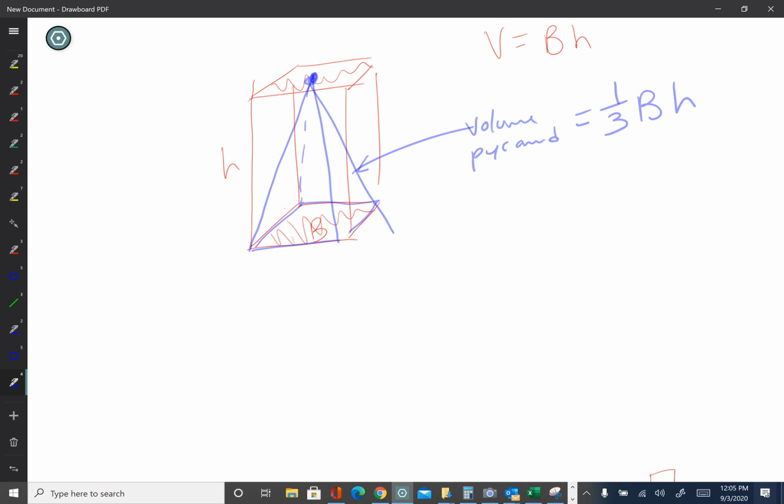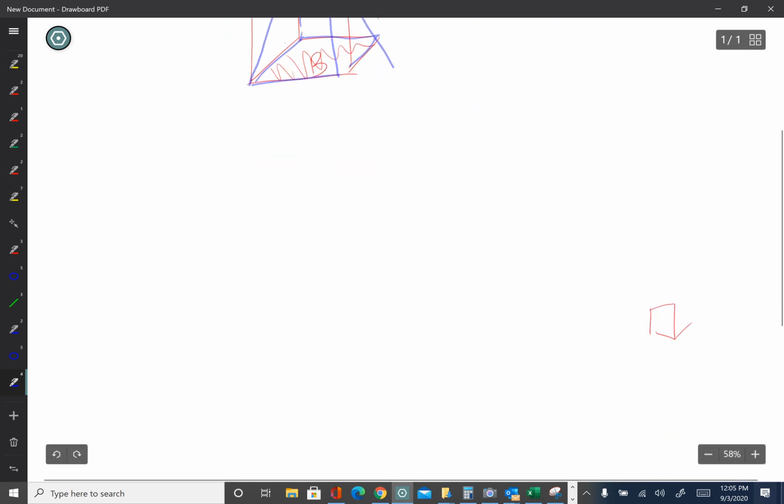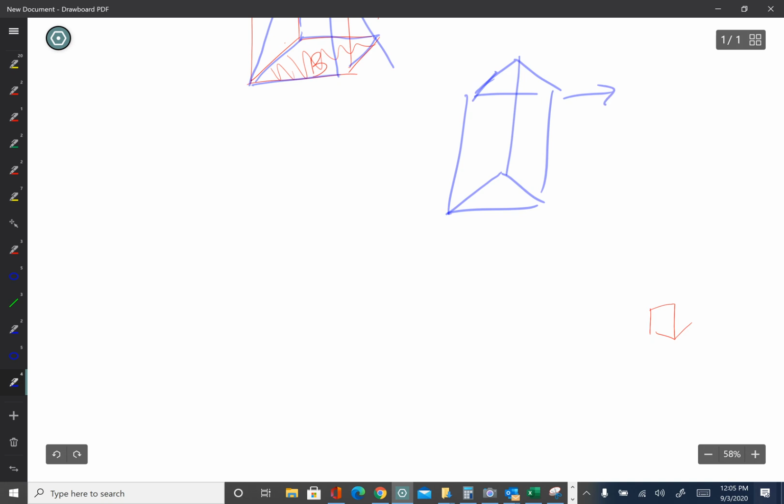That is the key. If you could find the volume of the prism, then you know that the volume of the pyramid would be 1/3 of that. So look what I'm saying here. If I drew a triangular prism, and I found the volume of the prism was, let's say, 60.